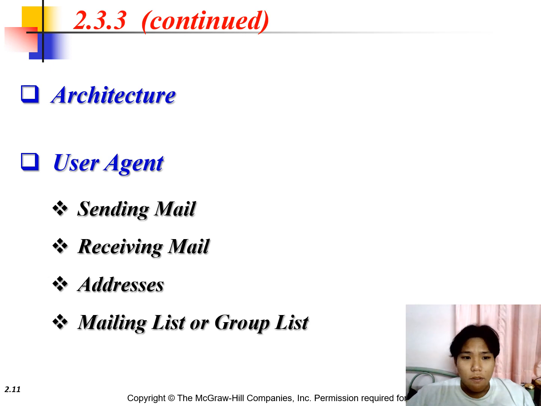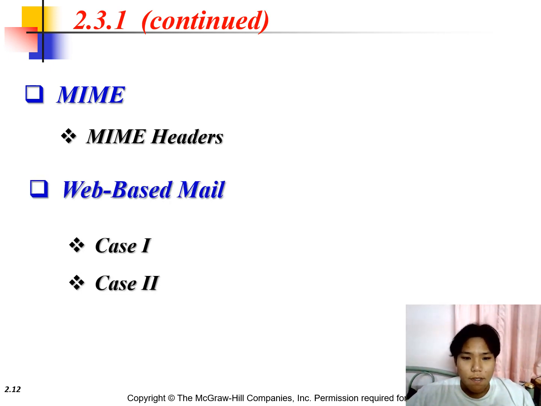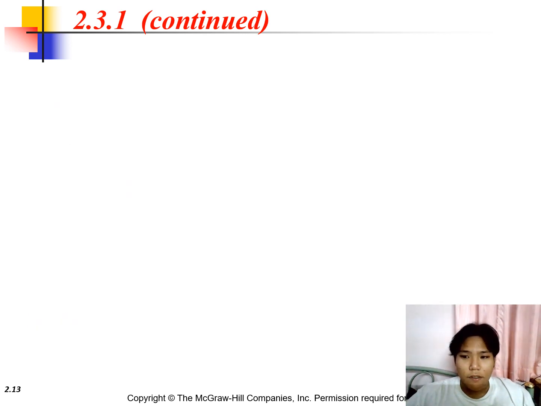So we have the architecture: user agent for sending email, receiving mail, addresses, and mailing lists or group lists. MIME, MIME headers, web-based mail, case 1 and case 2. Email security.